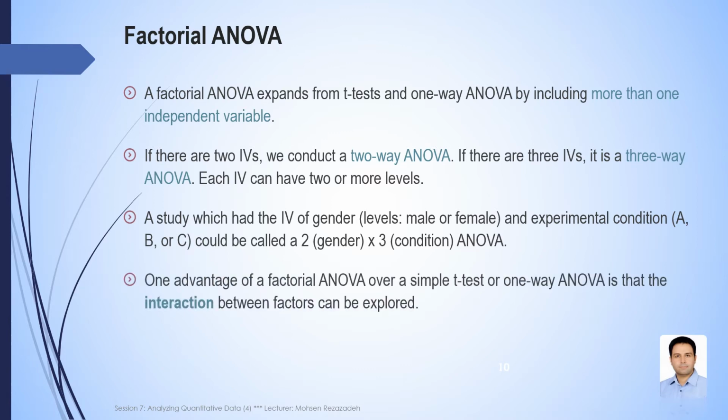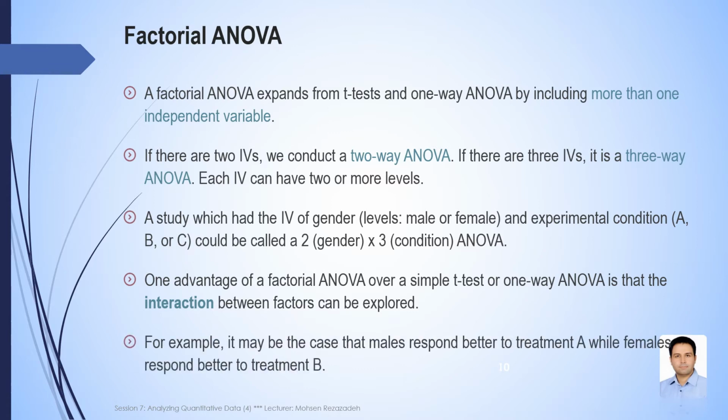One advantage of a factorial ANOVA over a simple t-test or one-way ANOVA is that you can also investigate the interaction between factors. For example, it may be the case that males respond better to treatment A while females respond better to treatment B. This is the interaction effect.